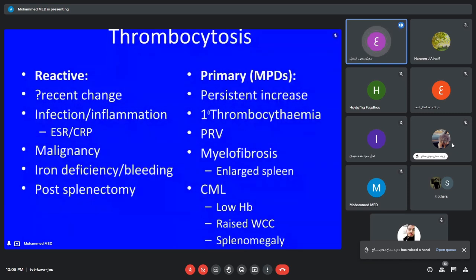Myelofibrosis is another cause, and in this case, the spleen is usually enlarged. Chronic myeloid leukemia is another cause, of course, and in this case, the hemoglobin is low, the white cell count is high, and the spleen is usually enlarged.